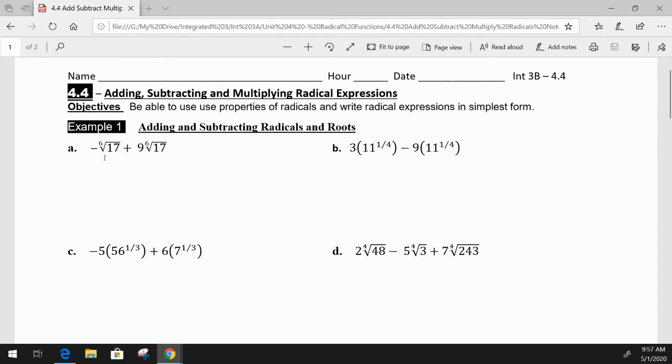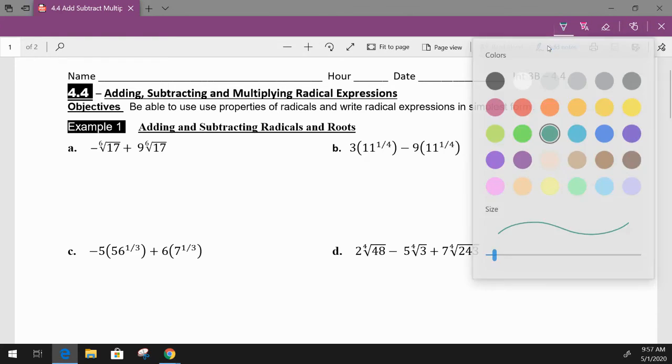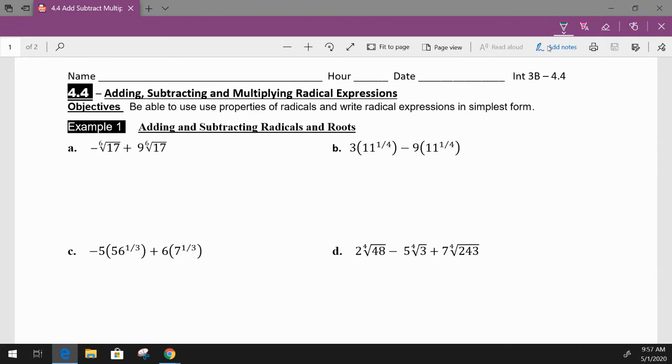But then from there, it's basically just like adding like terms. So the coefficient for your first term here in example 1a is basically -1. You basically have -1 times the sixth root of 17 plus 9 times the sixth root of 17.